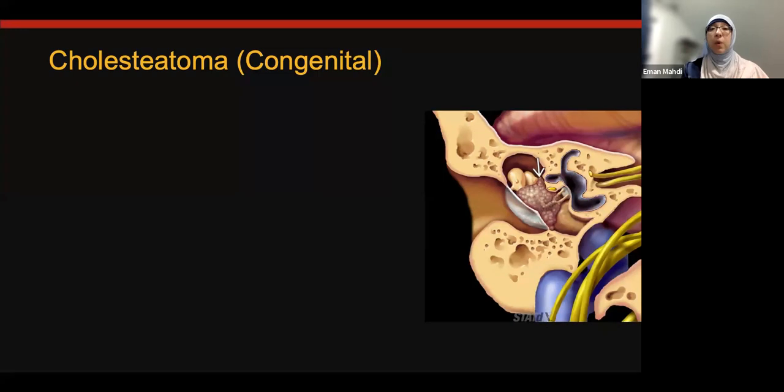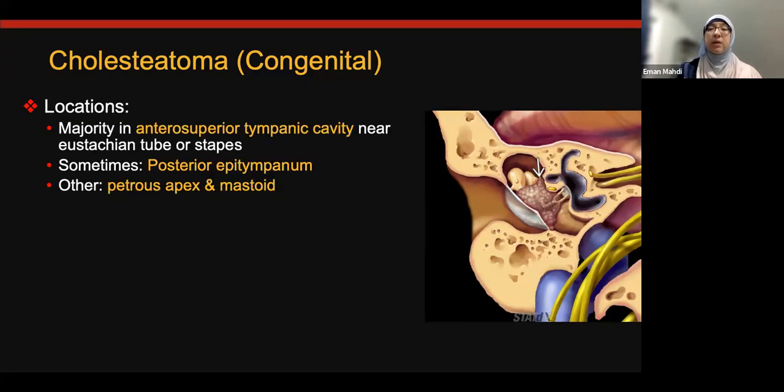Location-wise, the congenital can look different compared to the acquired. It's usually within the anterior superior aspect of the tympanic cavity near the stapes, or more posterior within the epitympanum, or sometimes within the petrous apex and mastoid.